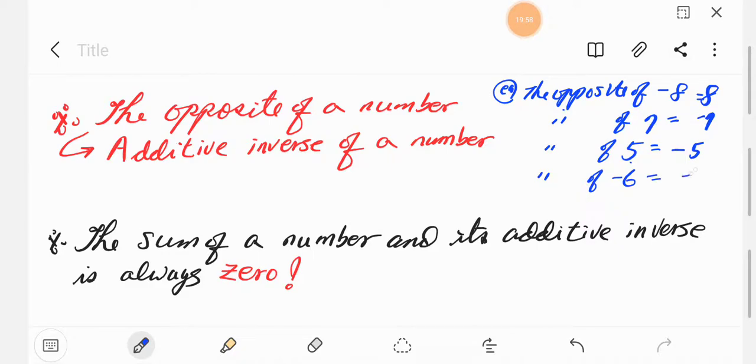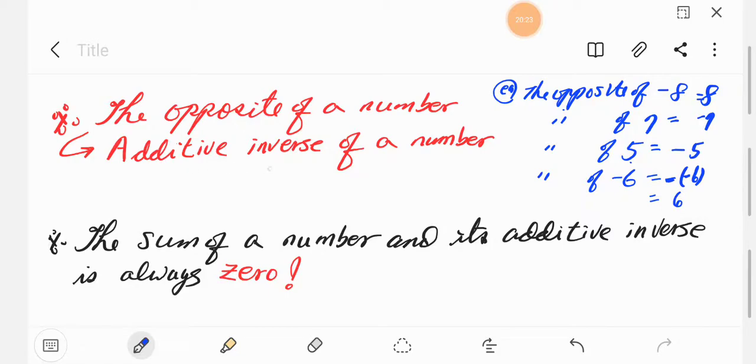That means you have a number negative 6, and what you do is put the negative sign in front of this. So that will be positive 6. So if there's a negative sign outside, that means it's the opposite of this number. Change the sign of the number. That's the opposite of a number. So opposite of a number means change the sign of this number.